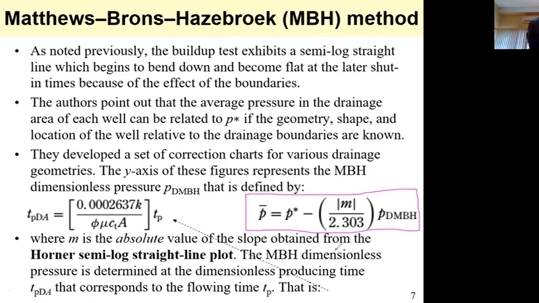The MBH dimensionless pressure is determined as a function of the dimensionless producing time, which corresponds to the flowing time. And that's what you have in this equation. In the next slide, I will illustrate the use of these equations.